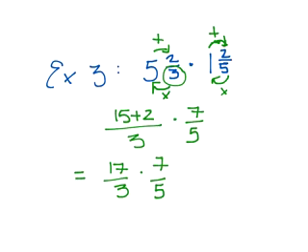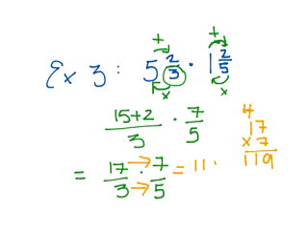And now my last step is to just multiply straight across. So I'm going to go ahead and do 17 times 7. That gives me 7 times 7, 49. 7 times 1 is 7, plus 4 is 11. So this is going to be 119 over 15.